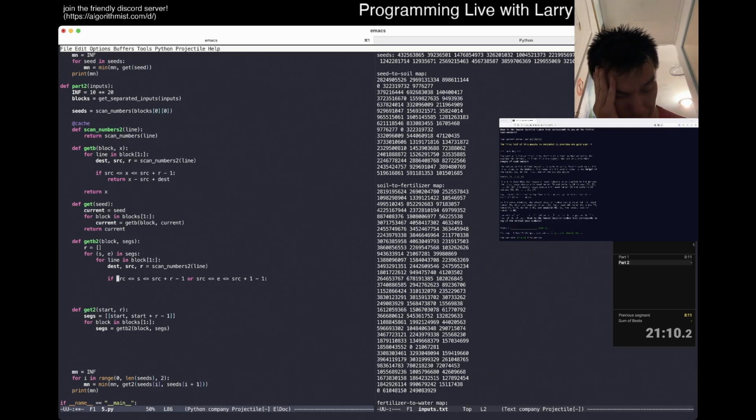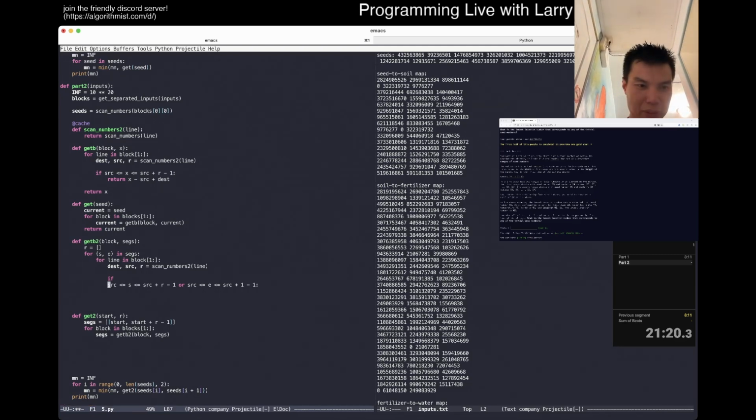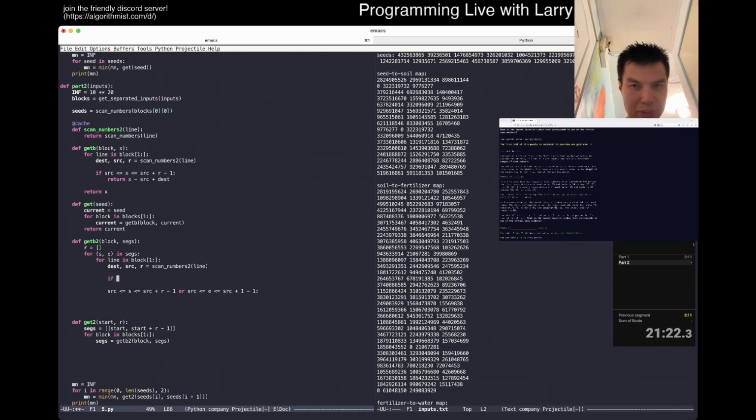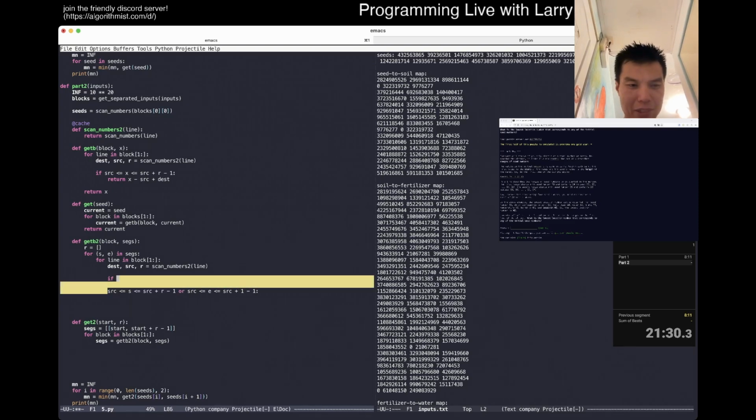Okay, so what happens? The range changes if this thing actually, I guess if either one.